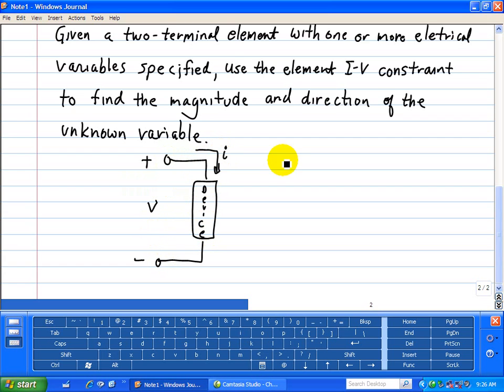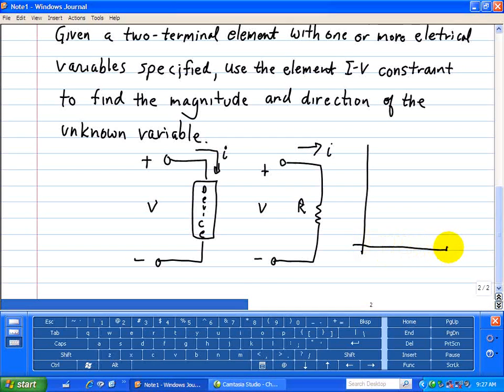Now symbolically, let's say we can take a resistor R, and this would be our symbol for a resistor, a plus, minus, a V, and a current I. Now associated with this resistor is the IV characteristics given as Ohm's law.